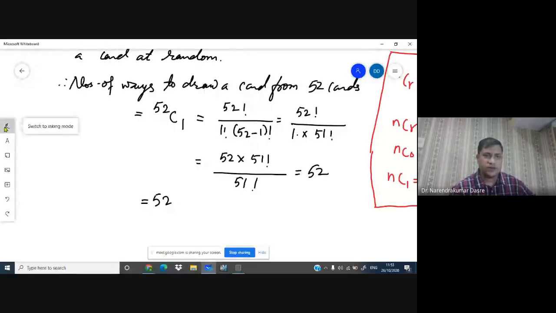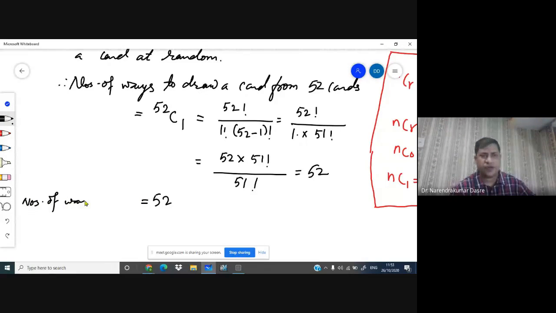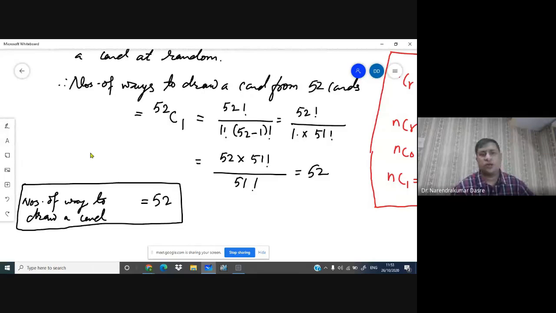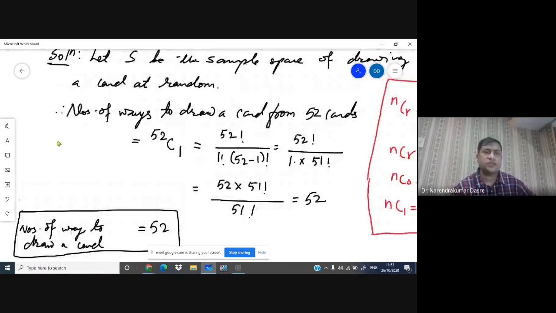So this is the number of ways to draw a card, which is going to be n. Now what is the event we have?